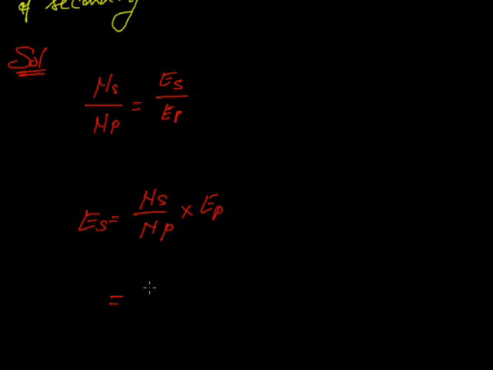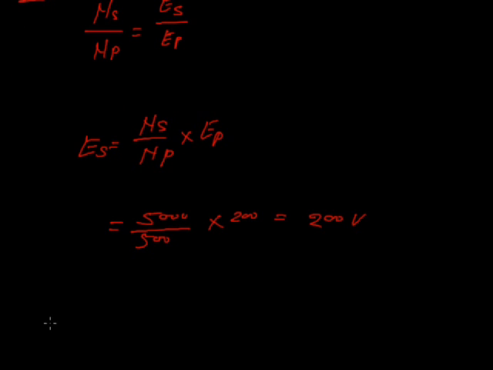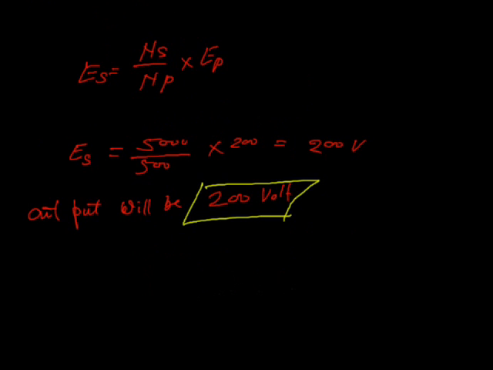It is equal to 5000 divided by 500 into 20, that is 200 volt. The induced EMF in the secondary coil, or we can say the output, will be 200 volt. There is no change in frequency. The frequency remains the same.